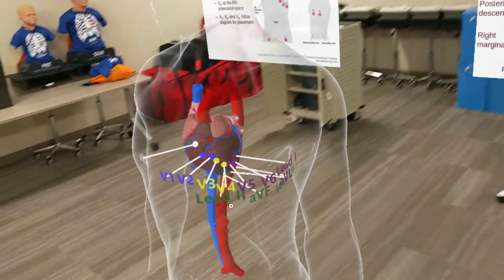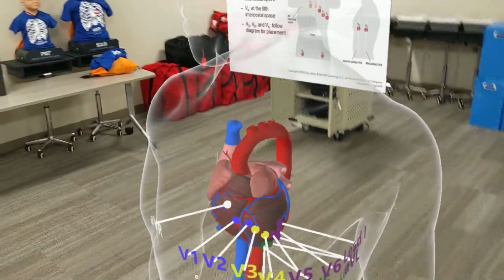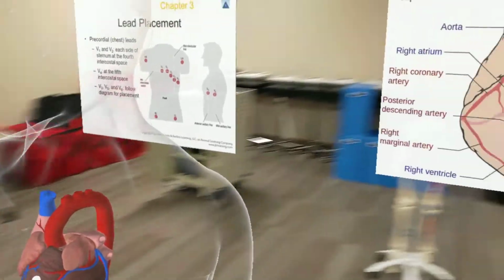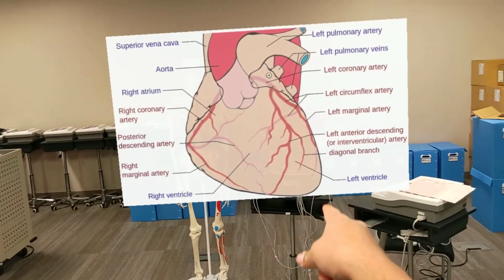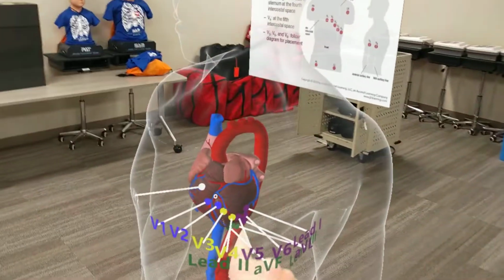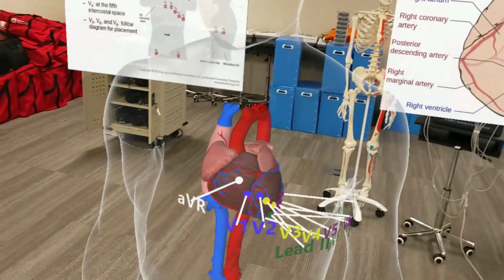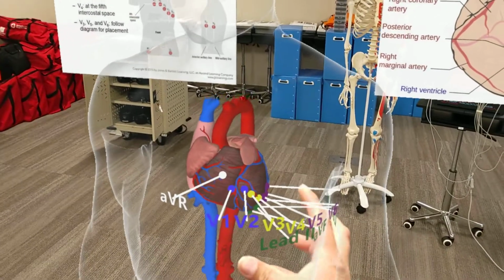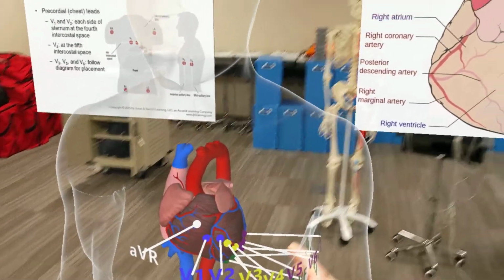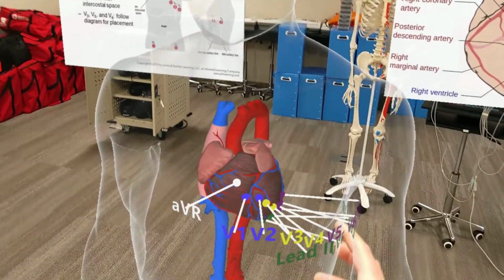And so it tells us, okay, look, V1, V2, you can see here the left anterior descending comes across there, the circumflex, and then for most of the population, that will supply the inferior aspect of the heart, of the left ventricle.